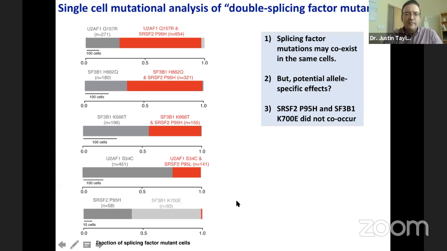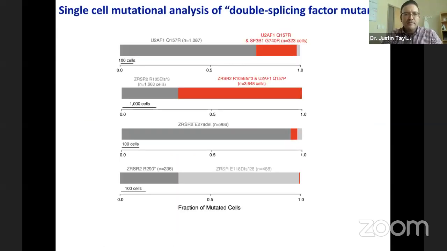So to summarize, they do coexist in the same cells. There may be some allele-specific preferences, and notably the SRSF2 P95H and SF3B1 K700E specifically did not co-occur, and I'll speak to that in a moment.